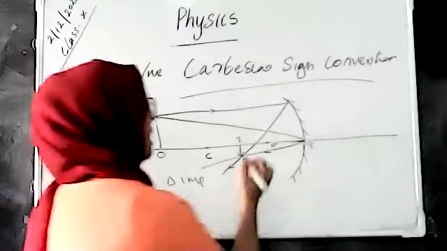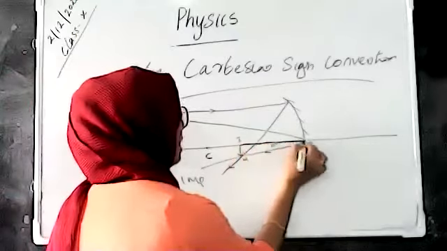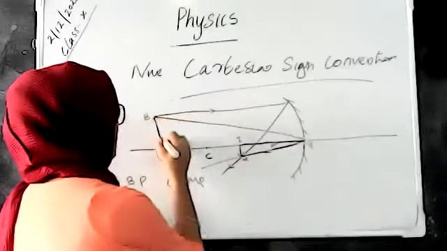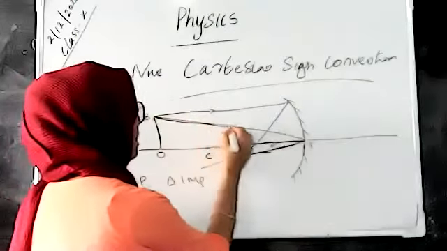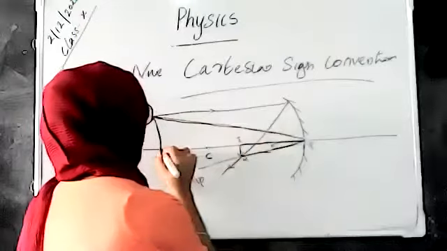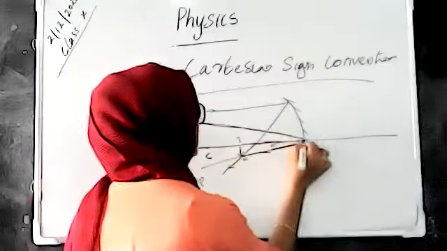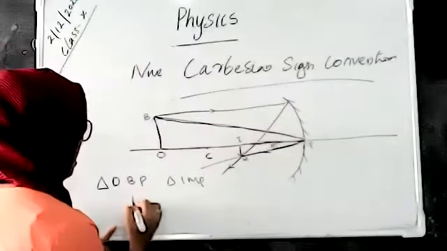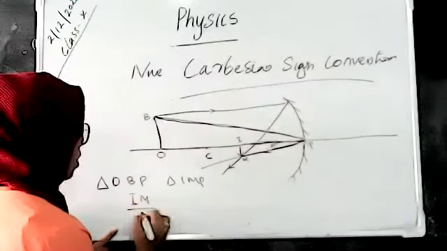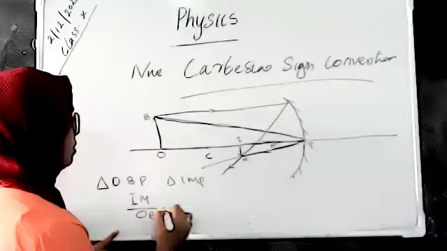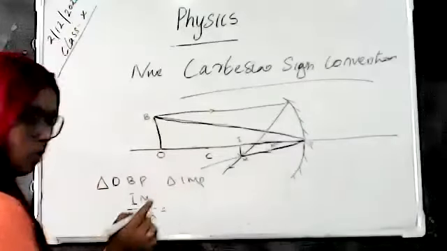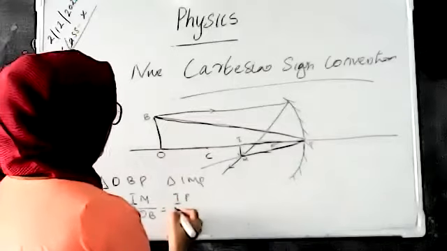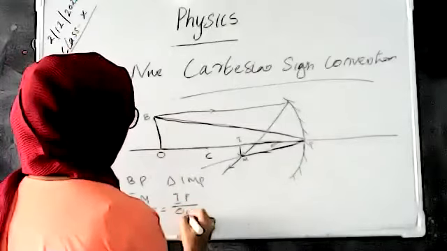These two triangles are similar triangles, and the concept of similarity gives that IM by OB is equal to IP by OP.